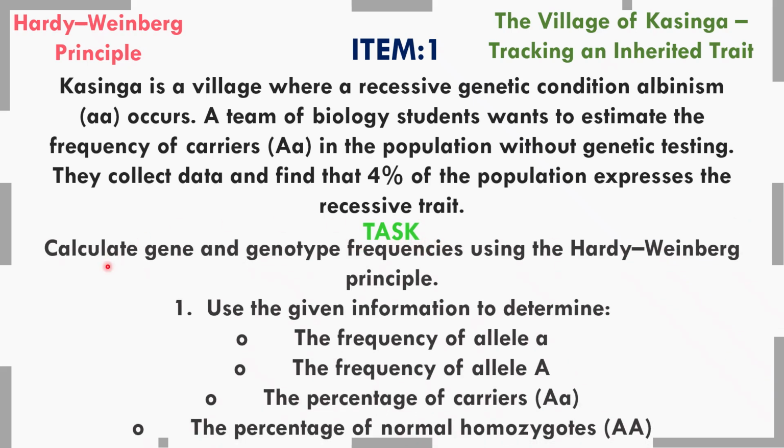Task: calculate gene and genotype frequencies using the Hardy-Weinberg principle. Use the given information to determine the frequency of allele small a, the frequency of allele capital A, the percentage of carriers capital A small a, and the percentage of the normal homozygotes capital A capital A.